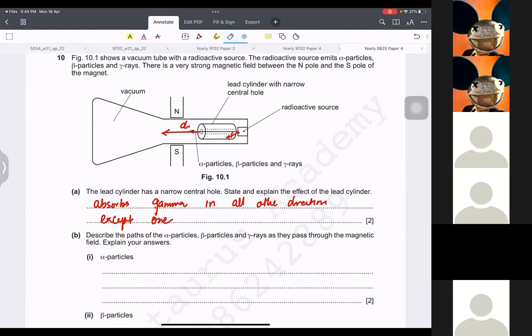Now, for alpha particles, they want us to explain the path. Alpha is a positive particle, as you know. You have to use Fleming's left-hand rule. The magnetic field is like this, so this is where your index finger should be, this is your middle finger here, so your thumb is out of the page. So it will deflect out of the page.